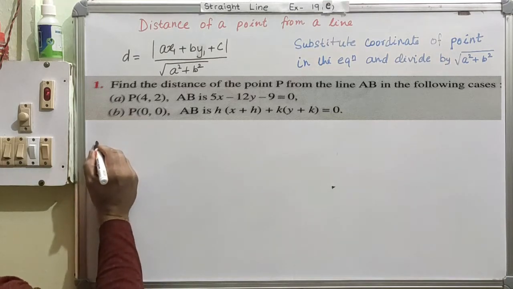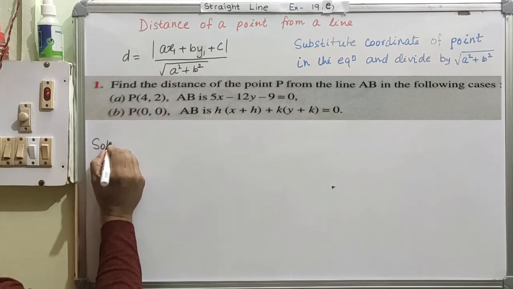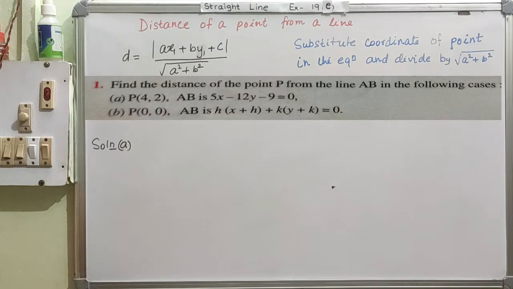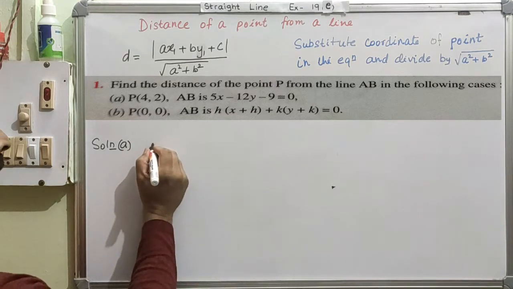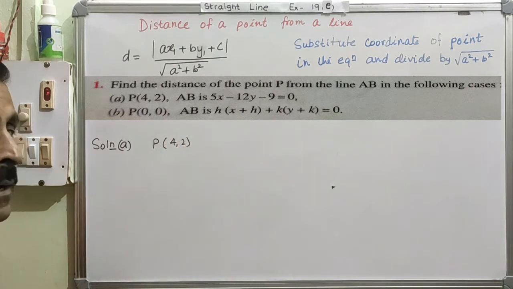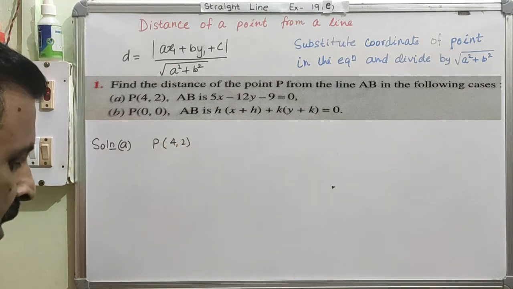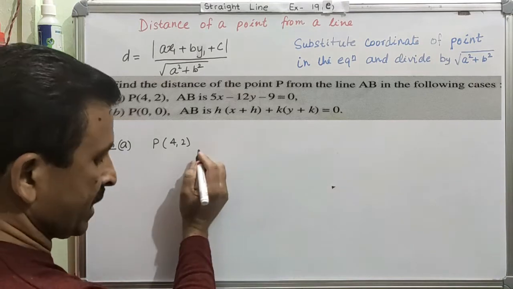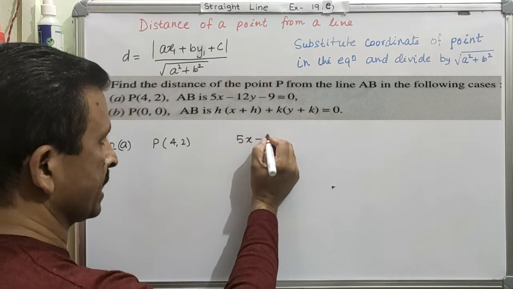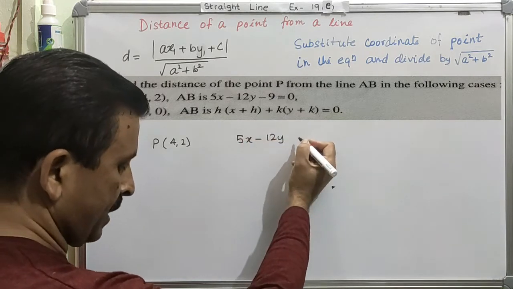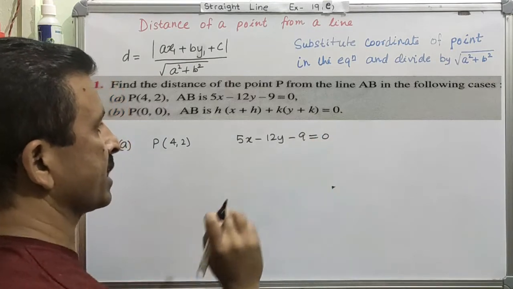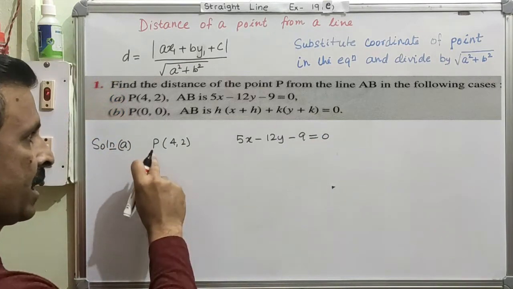First of all, we will see part 1, solution of A. Here we have the coordinate of the point as (4, 2), and the equation we have is 5x minus 12y minus 9 is equal to 0. This is the equation in the general form, and this is the coordinate of the point.